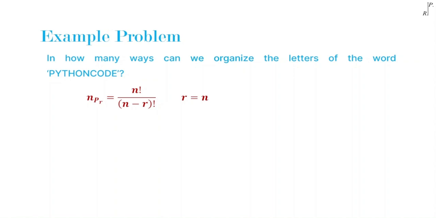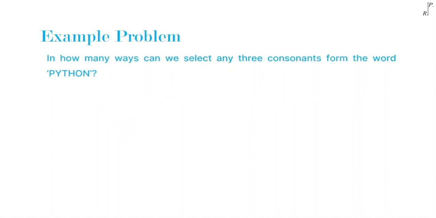Additionally, when we look at this word carefully, we observe that O is being repeated twice here. In such cases, we have to divide n factorial by the factorial of the number of times any letter is repeated, so we divide it by 2 factorial. Then we get 10 factorial upon 2 factorial, and this is the number of ways in which we can arrange the letters of this word.